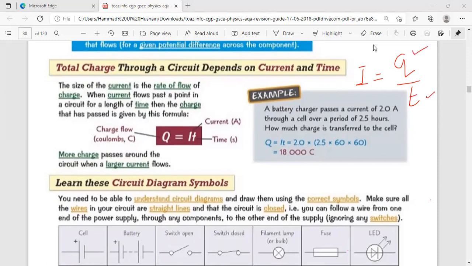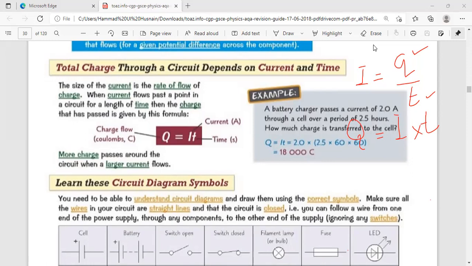Now if we want to know how many charges are flowing through a particular point in a certain time, then we will find this by rearranging this equation, and we will get Q is equal to I into T, the product of current and the time for which the current is flowing through the circuit. That will give us the total charge flowing through that circuit, right? So we can say that the total charge flowing through a circuit depends on two things, and these two things are current and time.